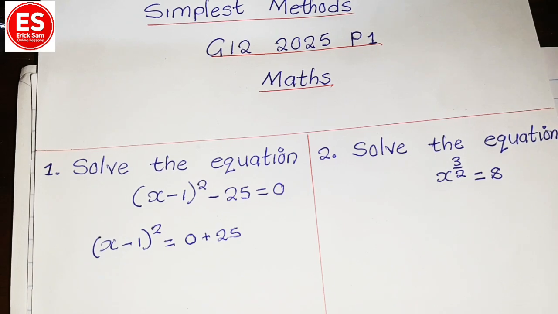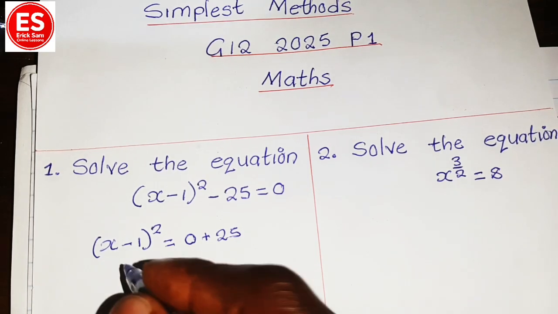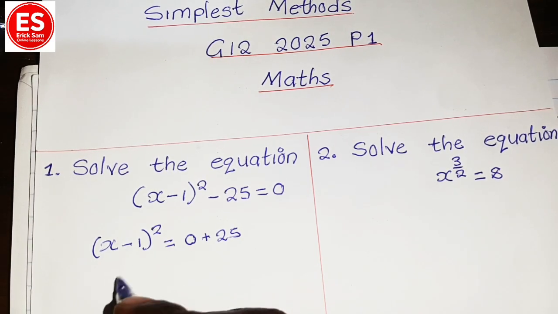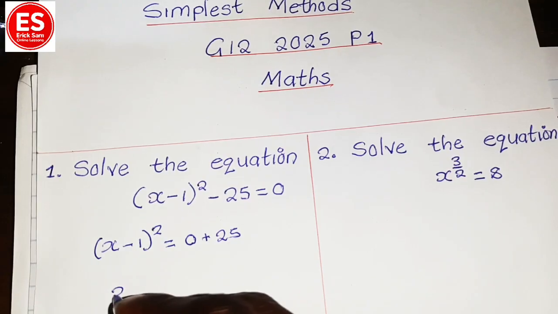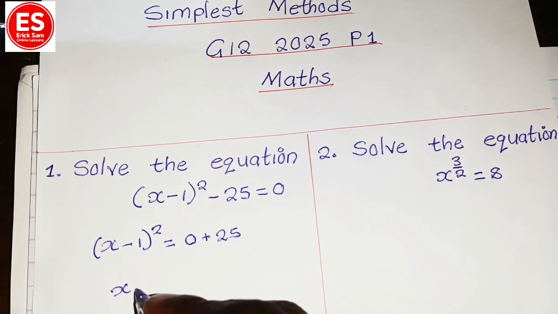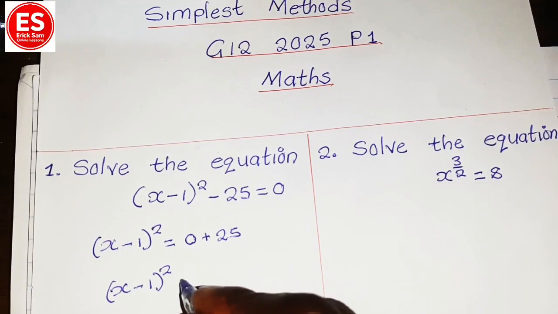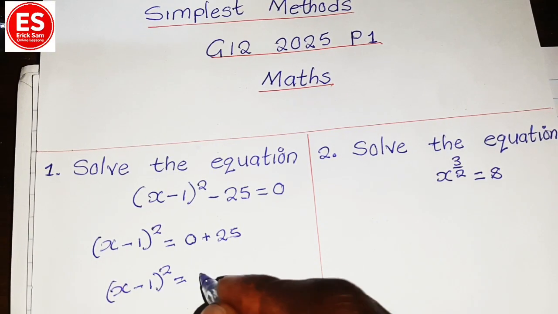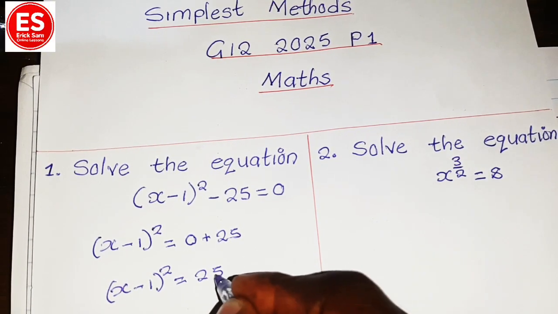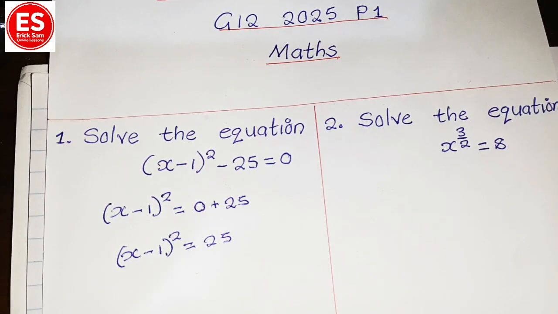I hope you know 0 plus 25 is already 25. So in that case, we are remaining with (x minus 1) power 2 is equal to 25.